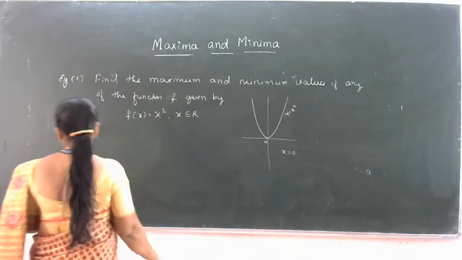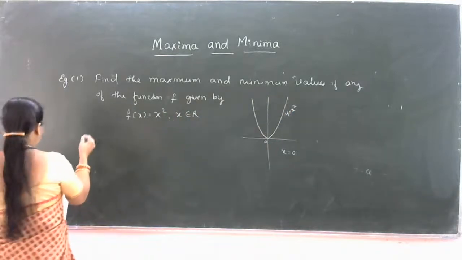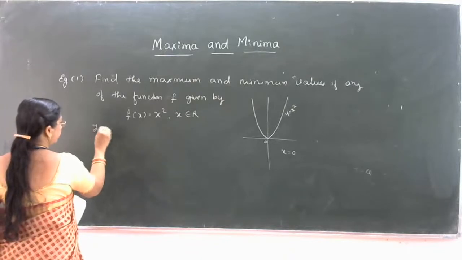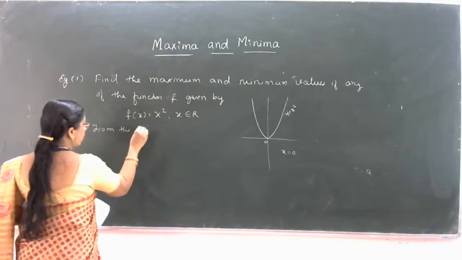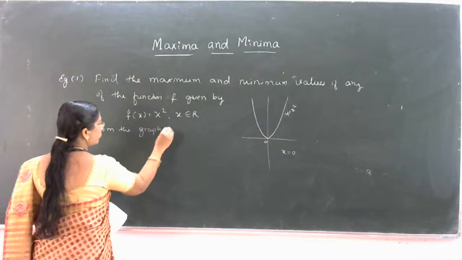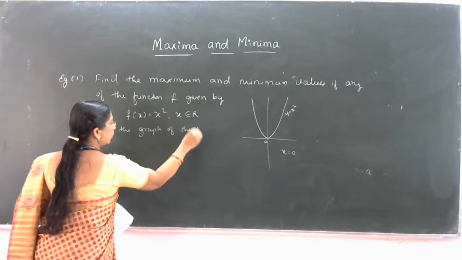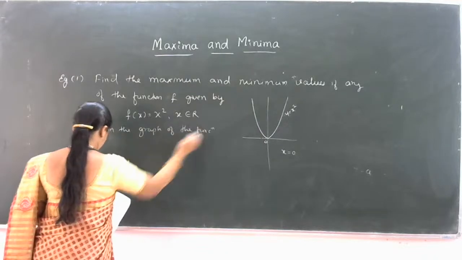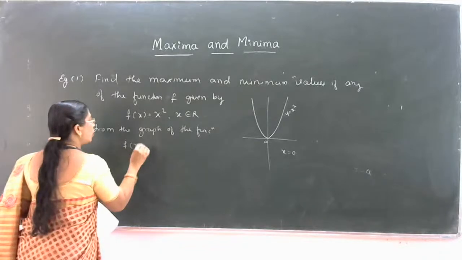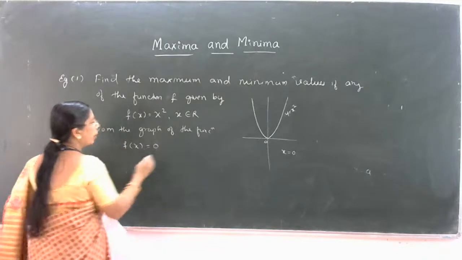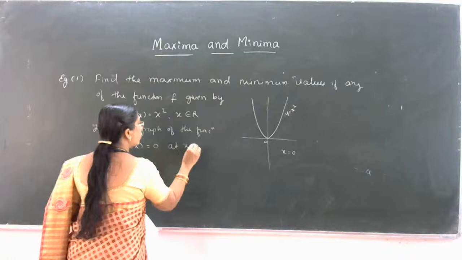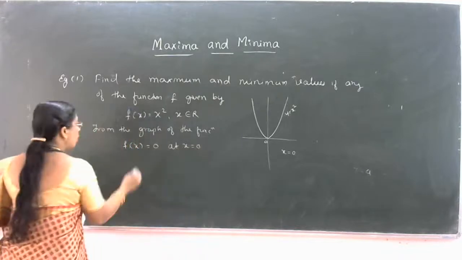Therefore, from the graph of the function, f of x equals 0 at x equal to 0.